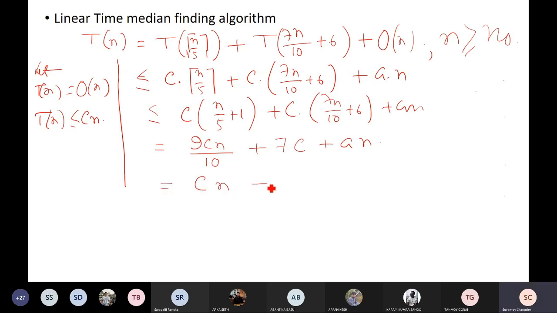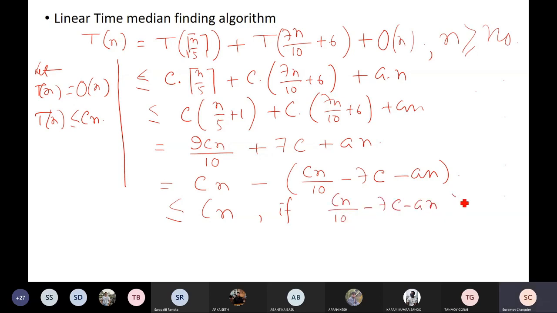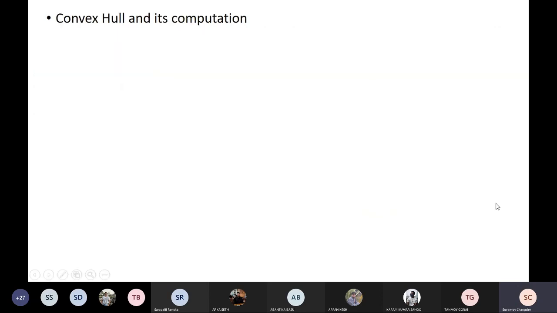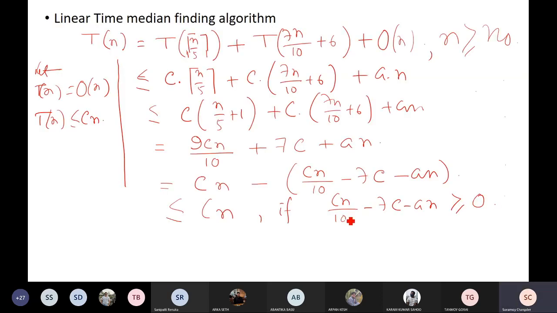And that equals C into n minus Cn by 10 minus 7C minus A into n, and that is less than or equal to C into n if Cn by 10 minus 7C minus An is greater than or equal to 0. If this is greater than or equal to 0, then this is less than or equal to Cn.